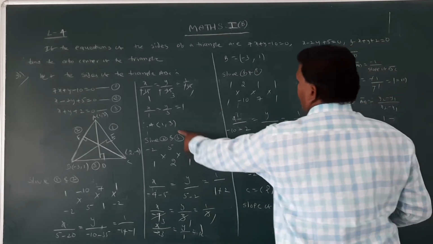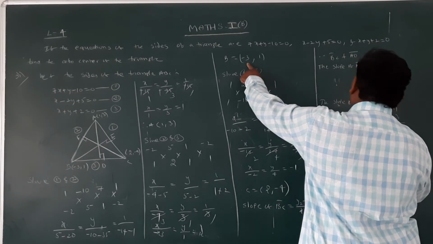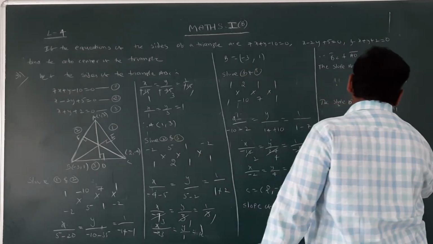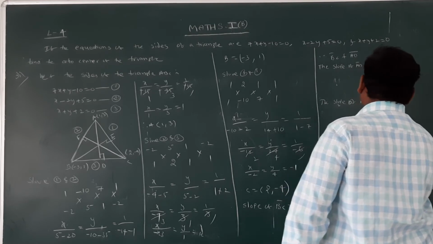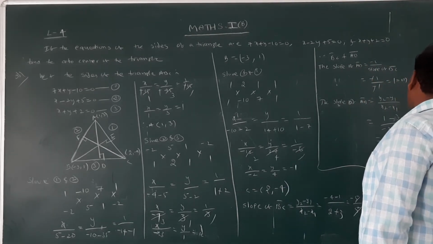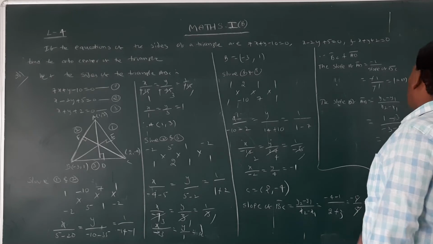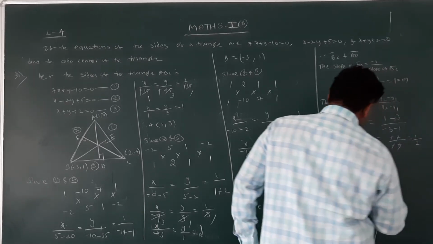What is the y1? 3. What is the x2? Minus 3. What is the x1? 1. 1 minus 3 is equal to minus 2. Minus 3 minus 1 is equal to minus 4. Minus 2 by minus 4 is equal to 1/2.